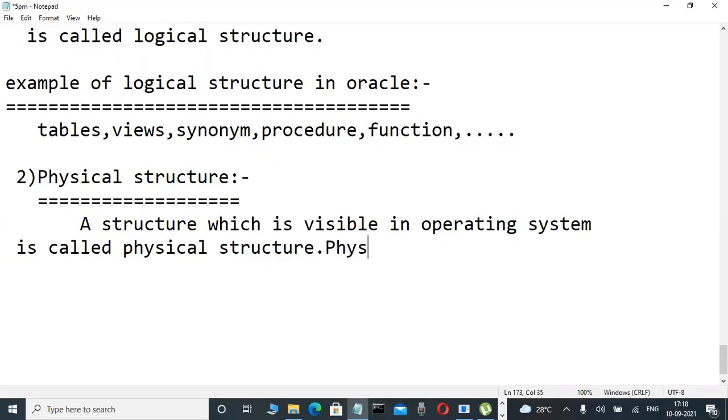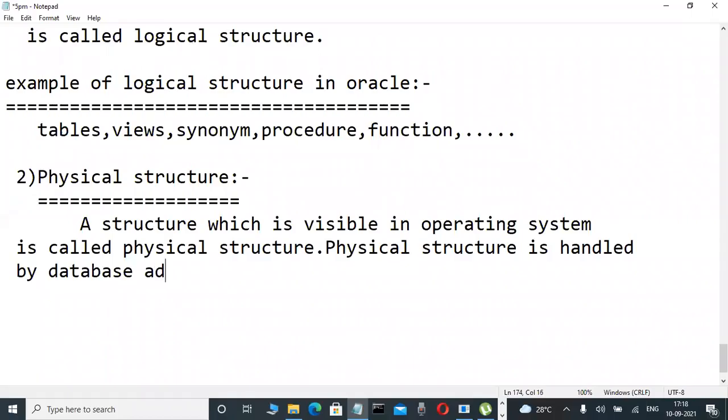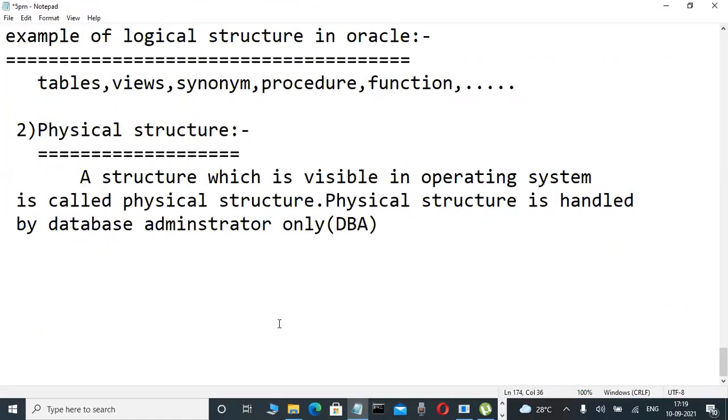Physical structure is handled by database administrator only, within the bracket DBA.